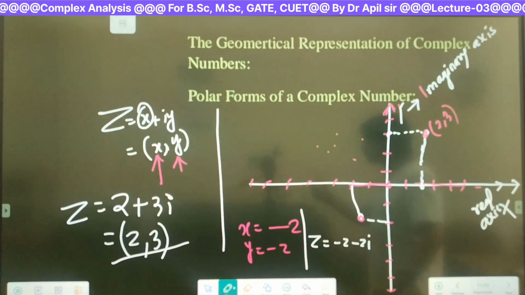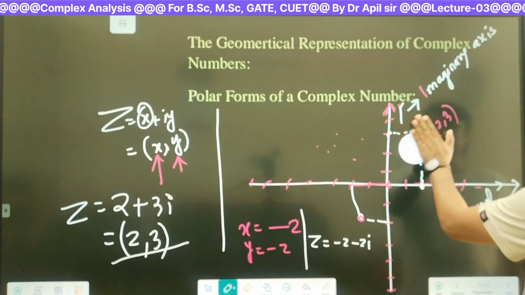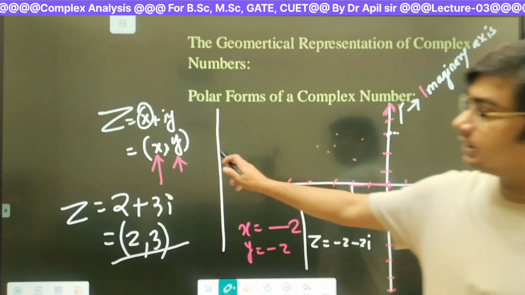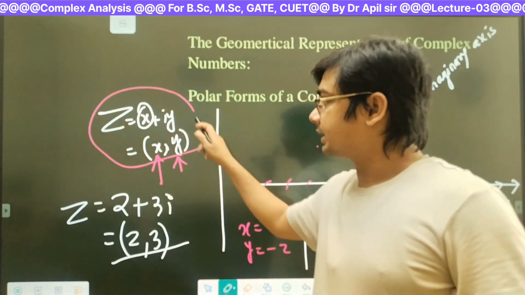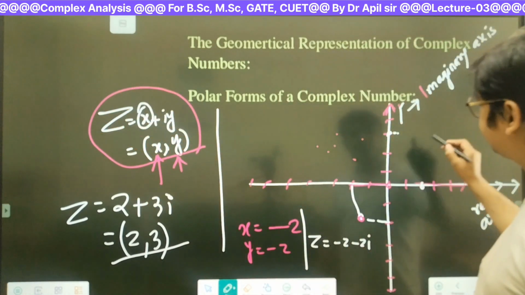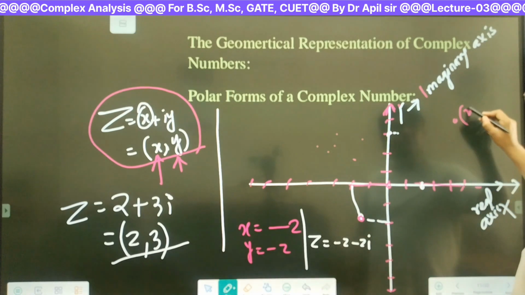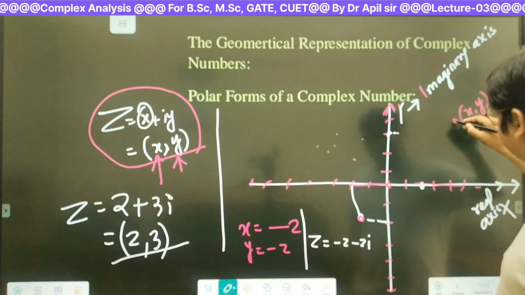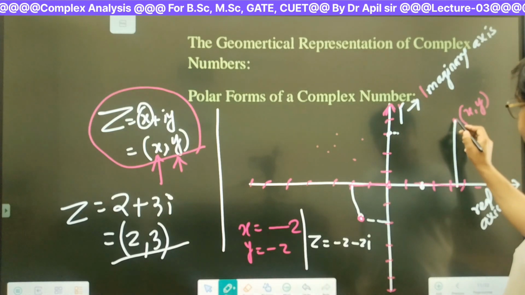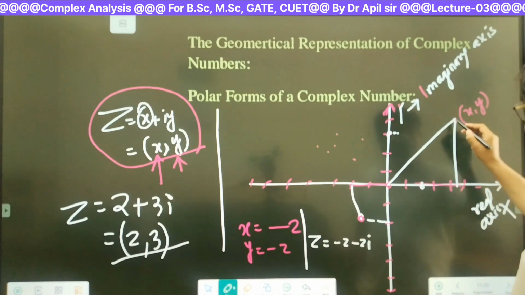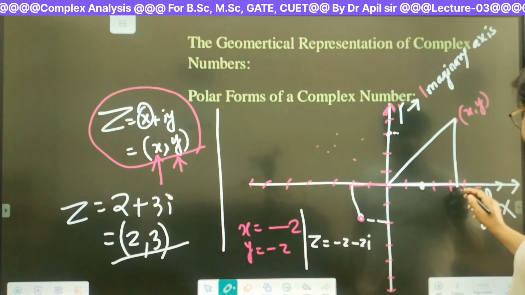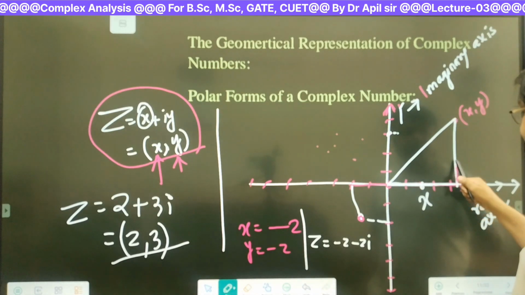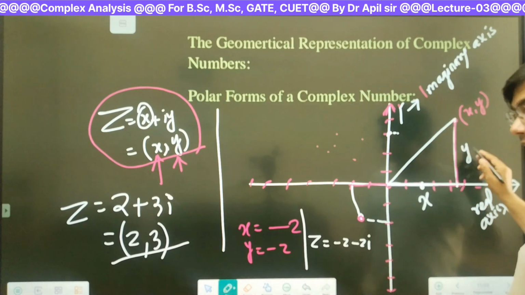Now the question is, what will be the polar form? Here we consider x plus iy is a complex number, and suppose we consider this is the complex point here, right? Then it's clear that this value will be x, and this value will be y.